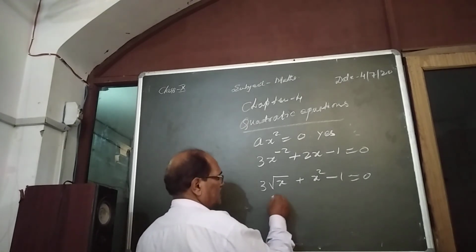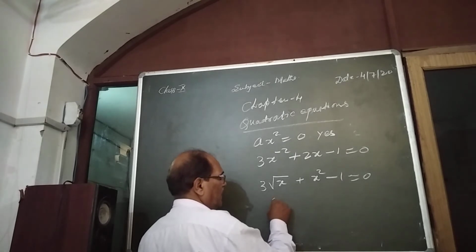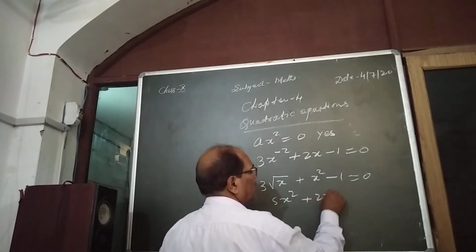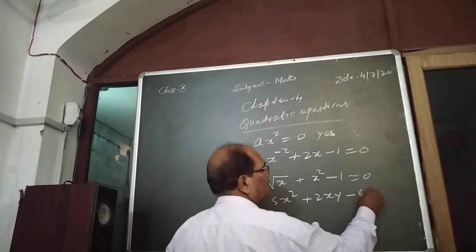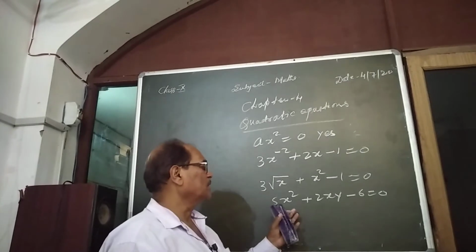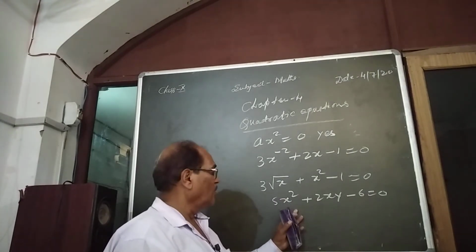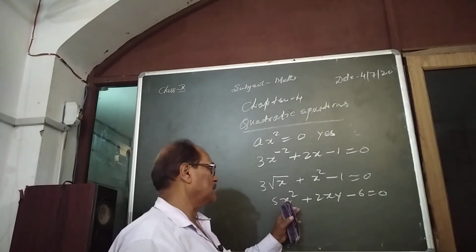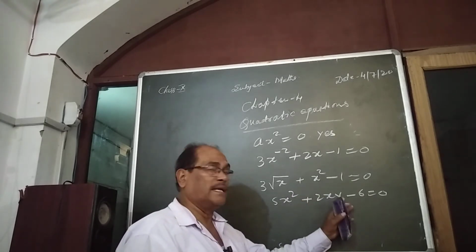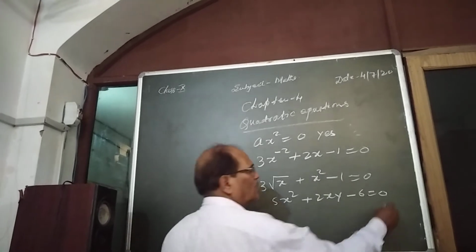Again I write one example here: suppose 5x square plus 2xy minus 6 equal to 0. Is it a quadratic equation? No, it is also not. Although the variable is x and the degree is 2 and it is positive, it has 2 variables, x and y. So it is also not a quadratic equation.